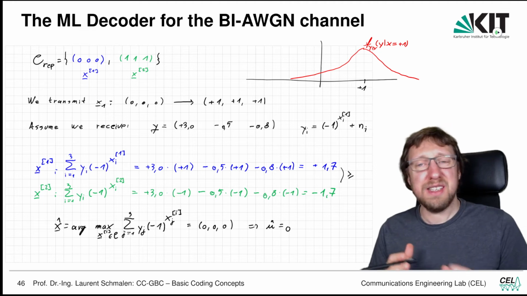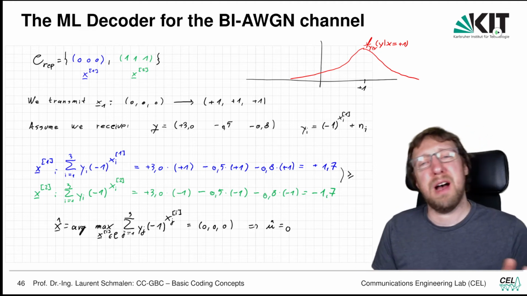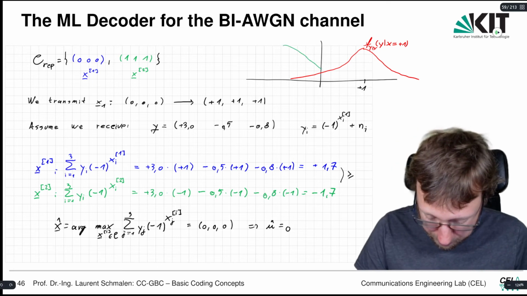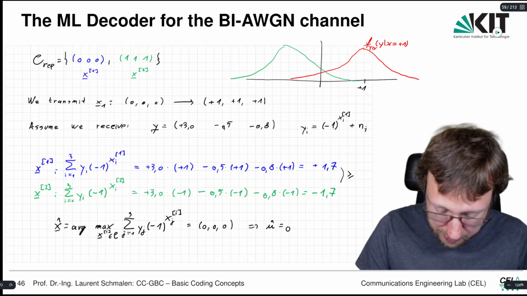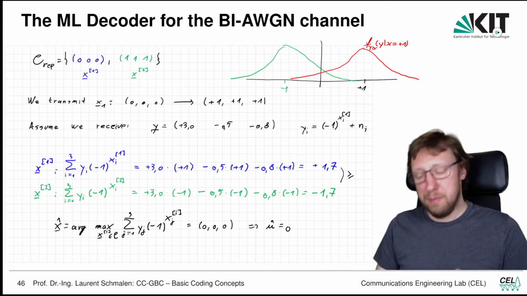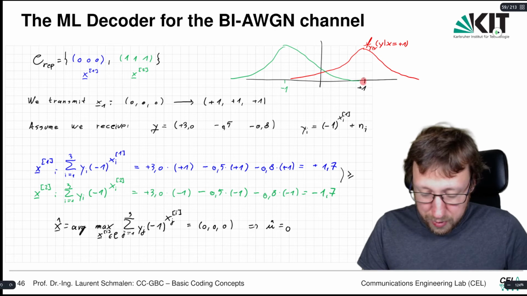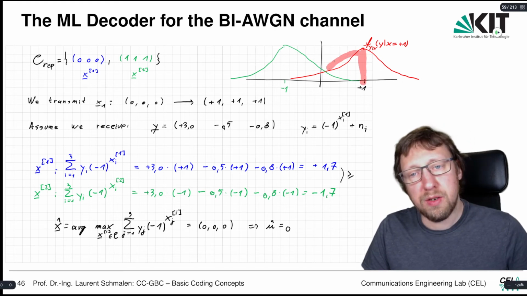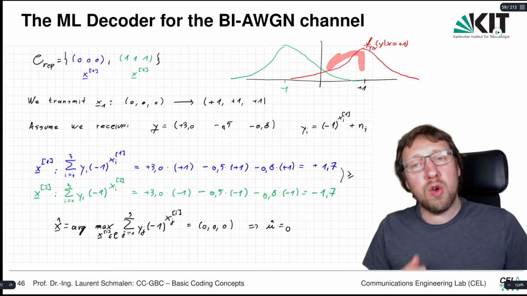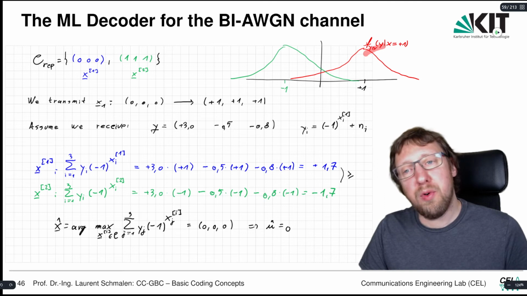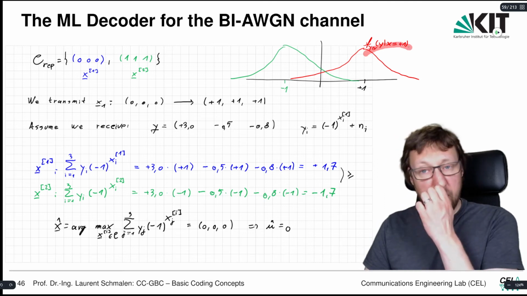We cannot decide anymore: was it a +1, was it a -1? So assume we transmit +1 and transmit -1. If we transmit a +1, the bad noise will move it closer to this decision region. The good noise, on the other hand, moves the received point further away from the decision region.